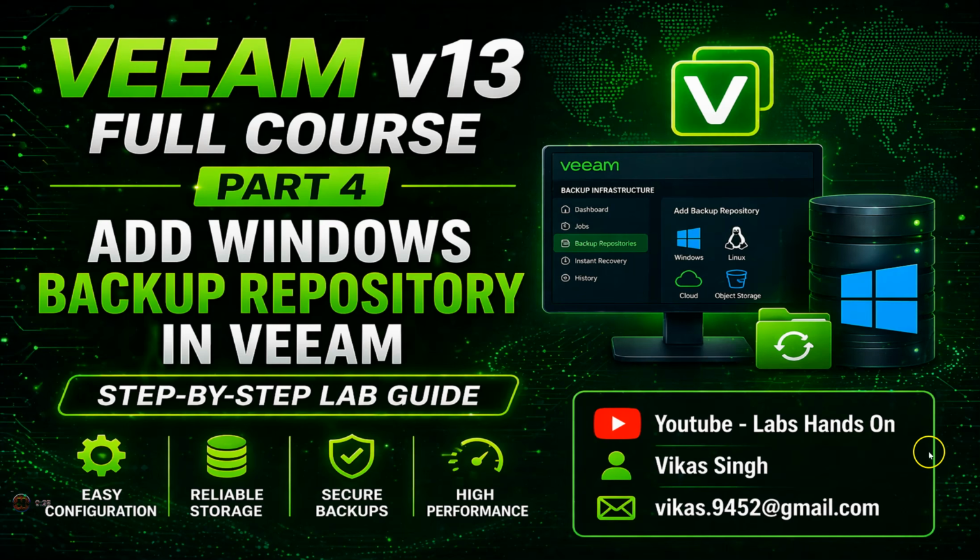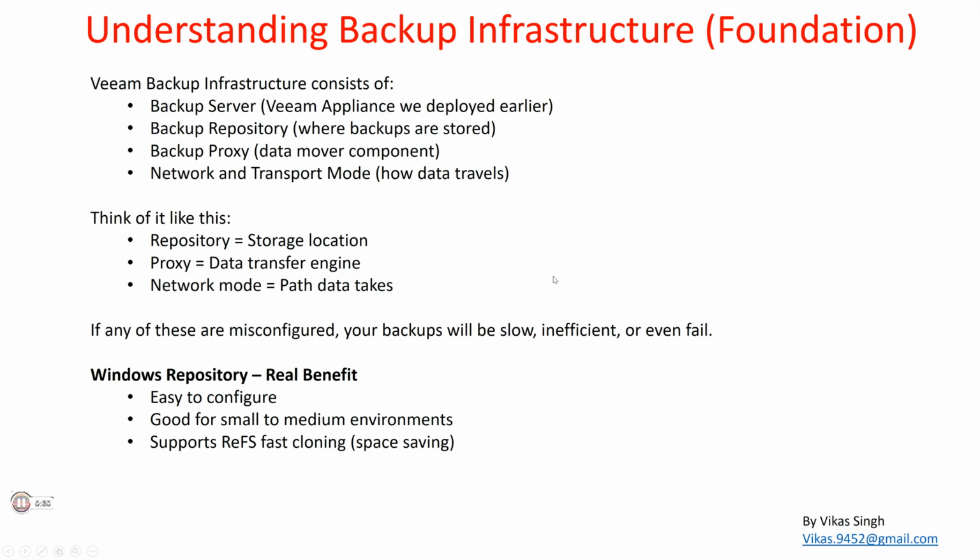So let's understand some basic concepts and foundation. Veeam backup infrastructure consists of these four key components: backup server, backup repository, backup proxy, and network and transport mode. Think of it in a very simple way.